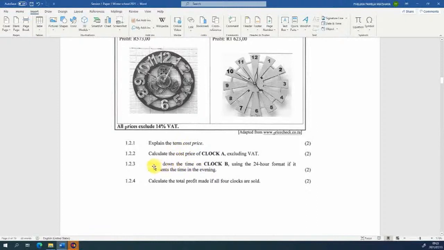The second question, 1.2.2: calculate the cost price of clock A excluding VAT, without VAT. Very straightforward, 2 marks. Number 1.2.3: write down the time on clock B using the 24-hour format if it represents the time in the evening.